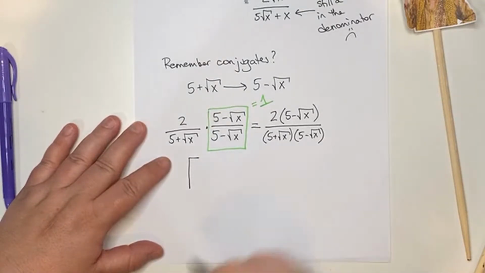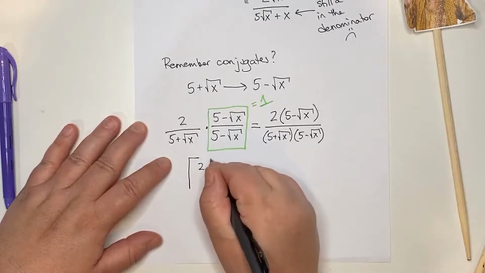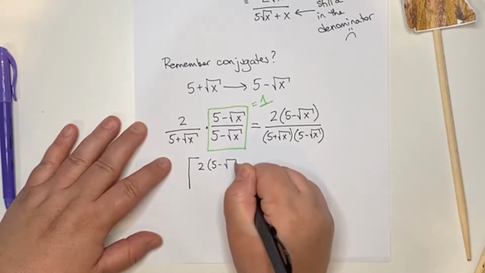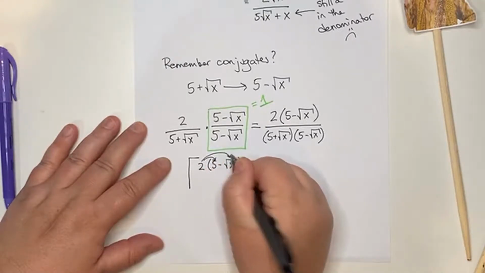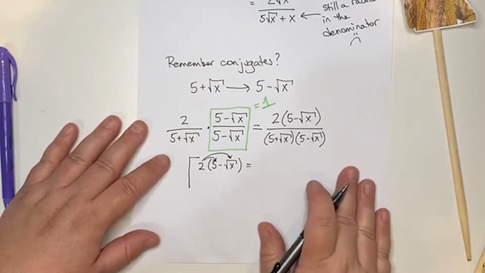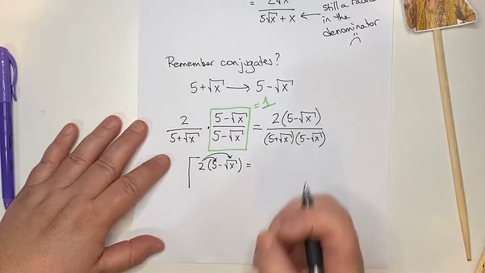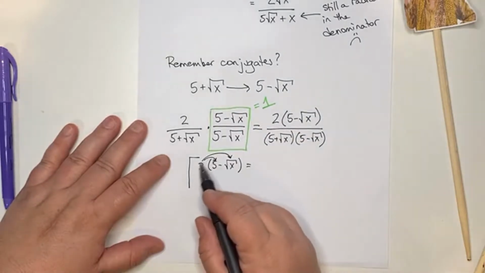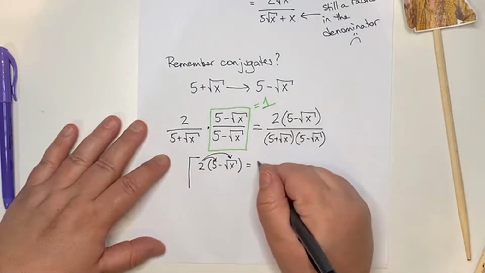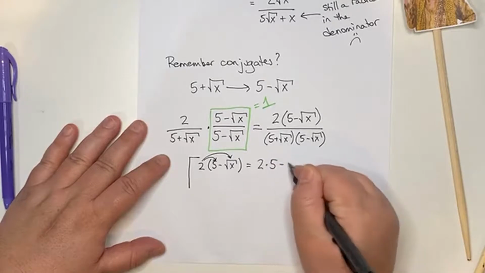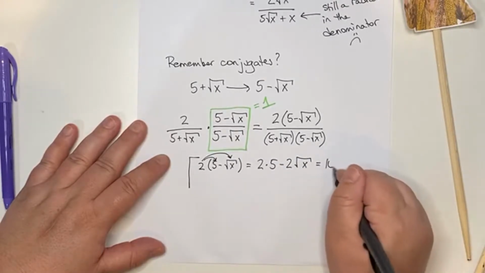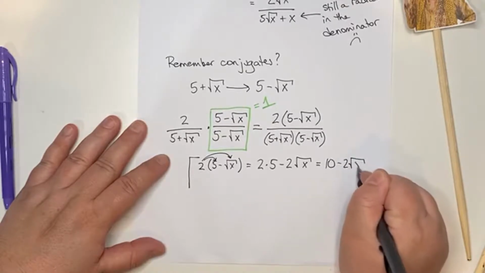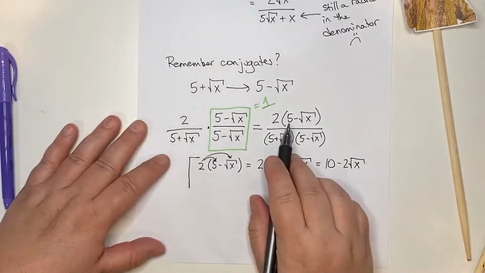I'm going to say 2 times the quantity 5 minus radical x. Distributive property. Can you see all the different techniques that we've been studying this year? They all kind of come together. 2 times 5 minus 2 times radical x, which is equal to 10 minus 2 times radical x. So that's going to be our numerator right there.